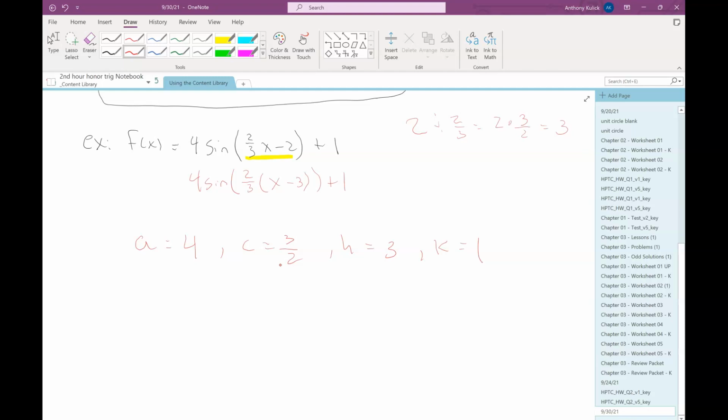The c is going to always be the reciprocal of that coefficient, because remember that it's 1/c. So 2/3 has to equal 1/c. So if I flip both of them, I'd have 3/2 would equal c.